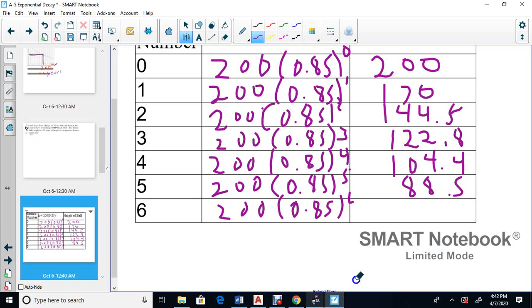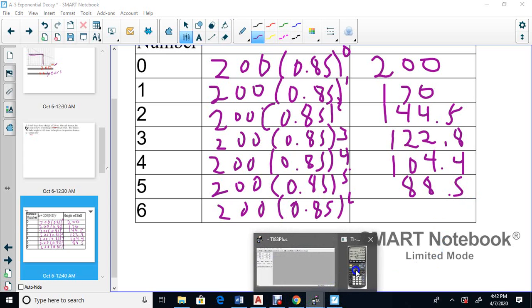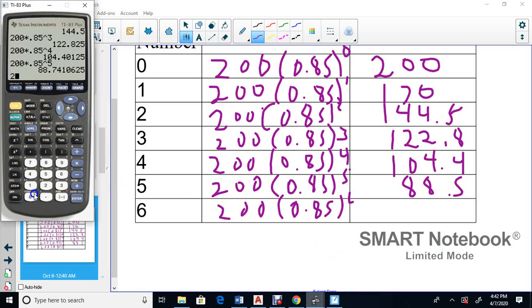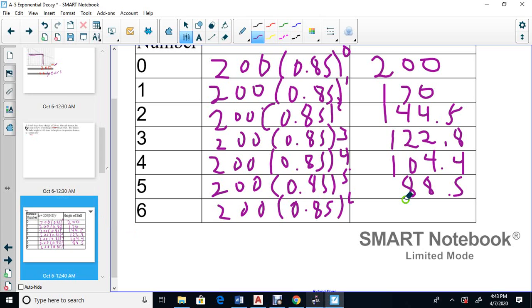And finally, not 211, but 200 times 0.85 to the exponent 6. And you get 74.4.